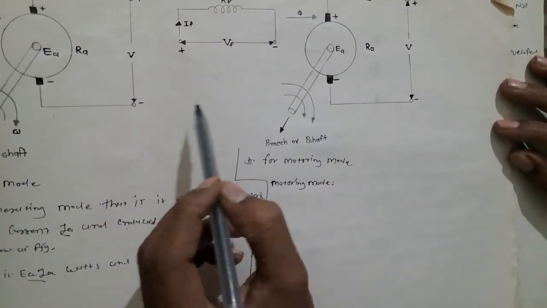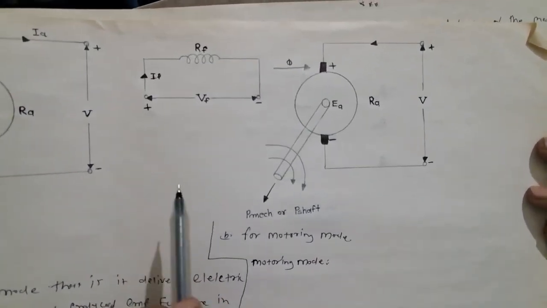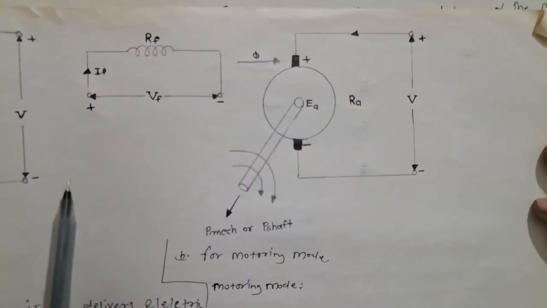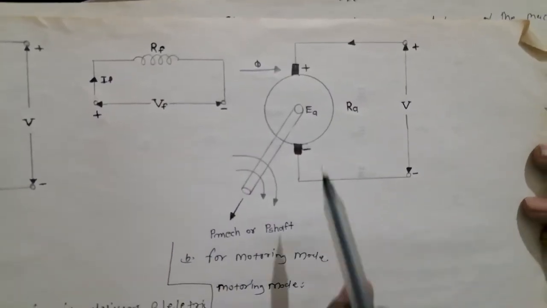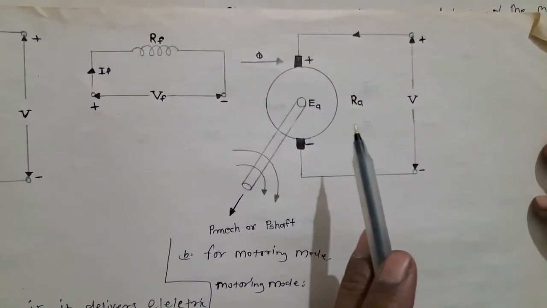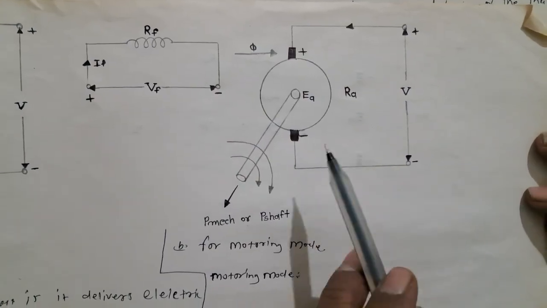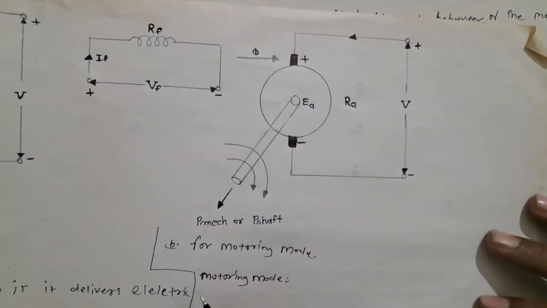For the armature circuit, terminal voltage V is equal to EA plus IA RA.